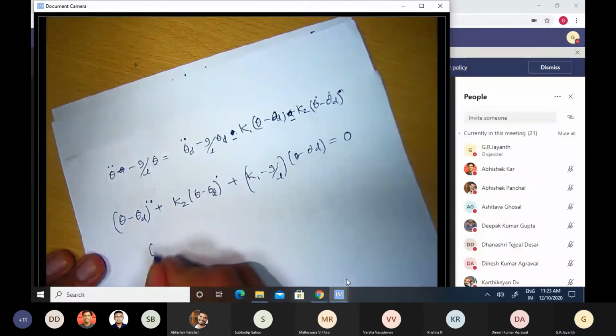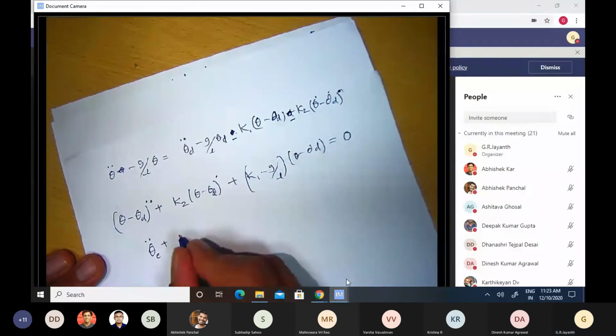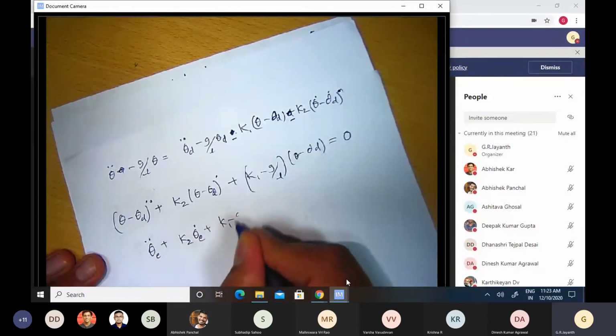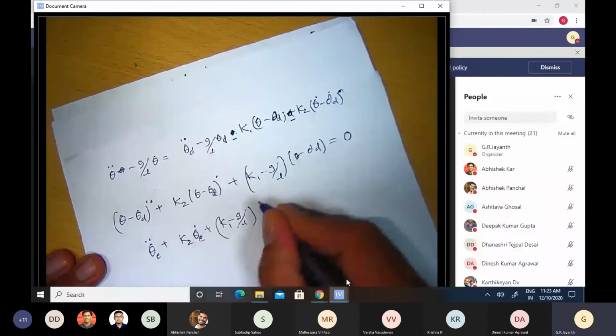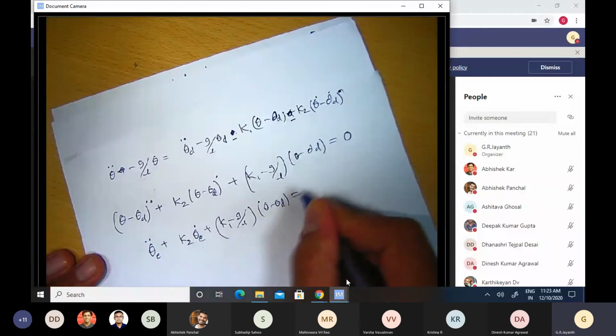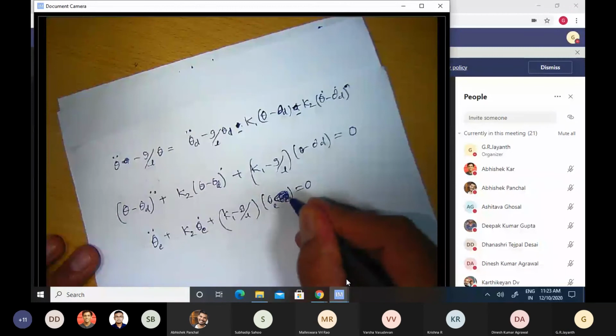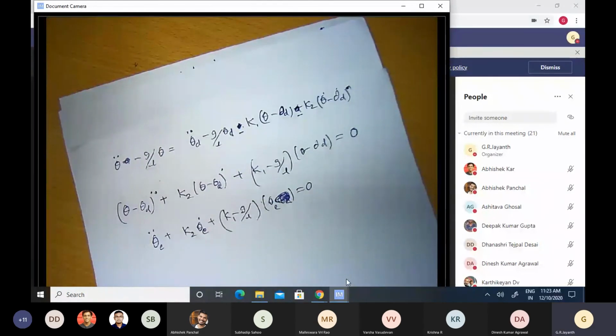Or in other words, theta E double dot plus k2 times theta E dot plus k1 minus g by L times theta E is equal to 0. Okay. Now, what do you have to say now about the stability characteristics of this particular differential equation?